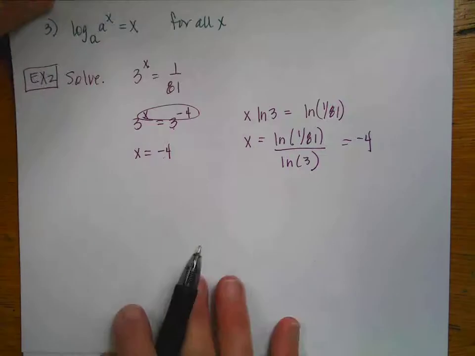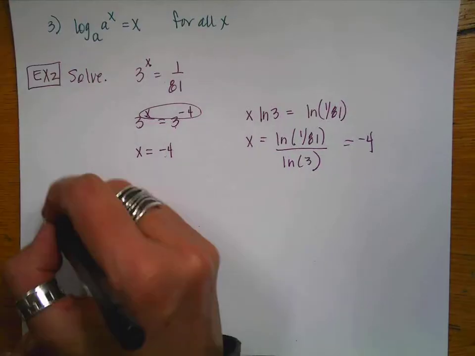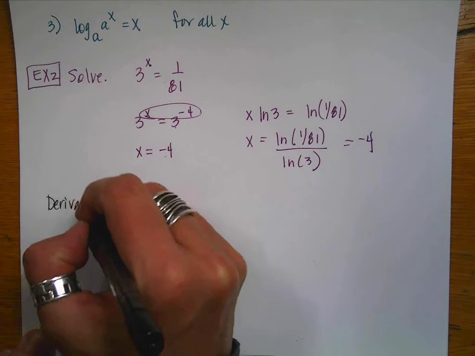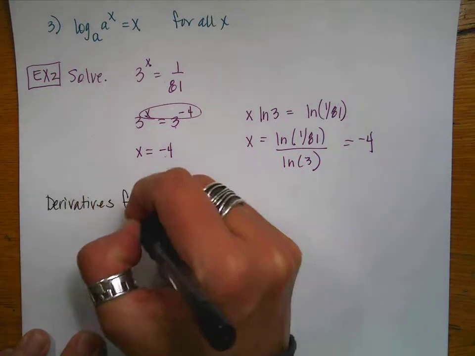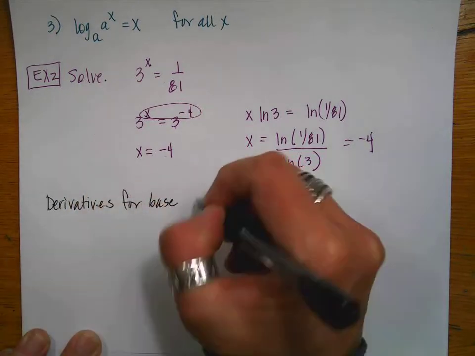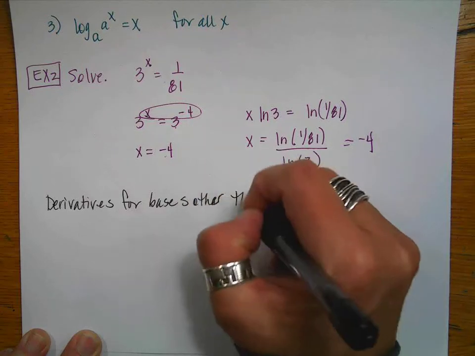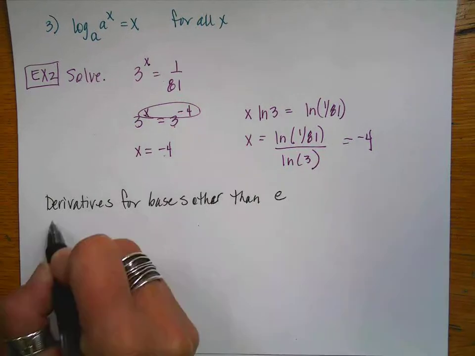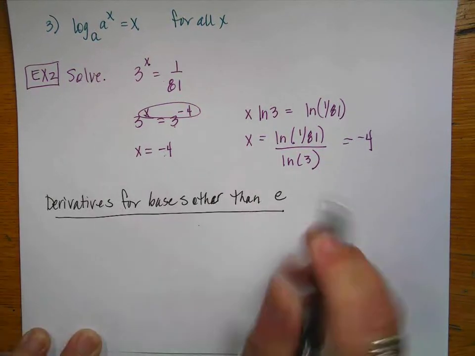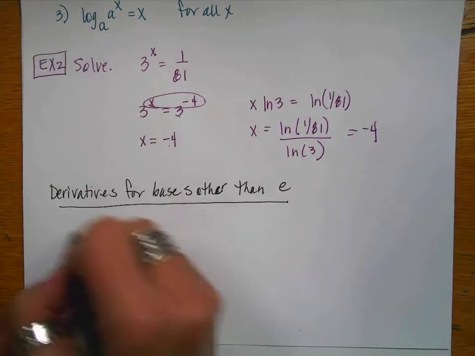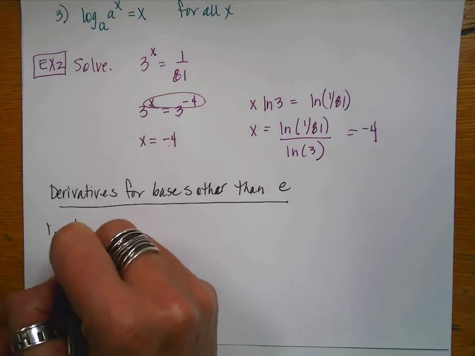Okay? So now let's get some of our rules for derivatives. So these are derivatives for bases other than e. And again, these are already on your formula sheet, but it is good to know how to manage them.